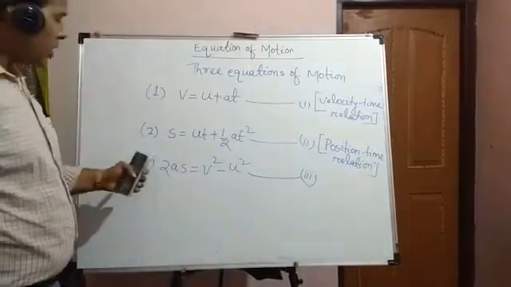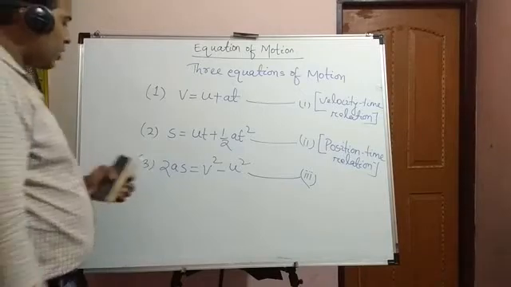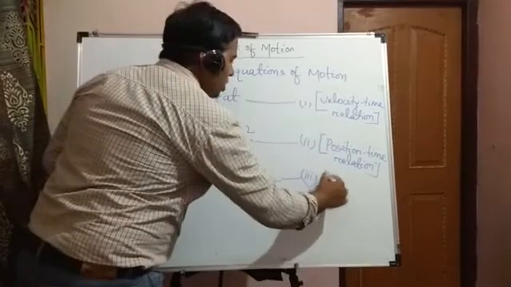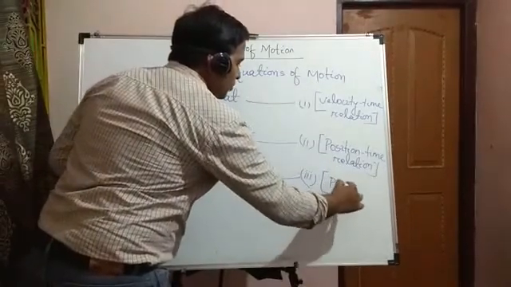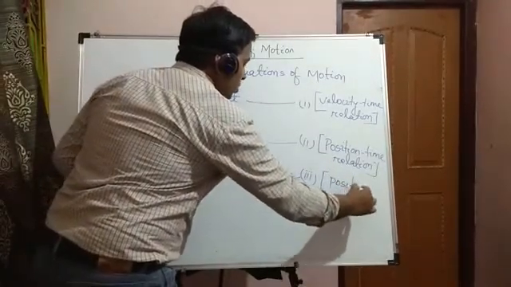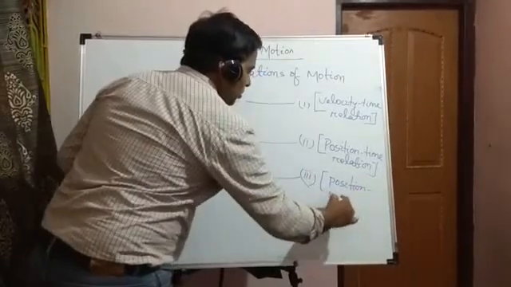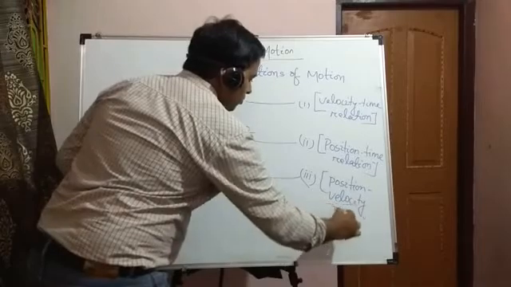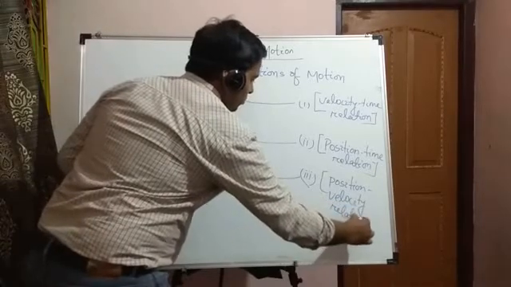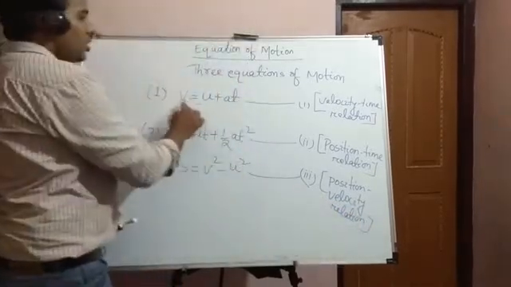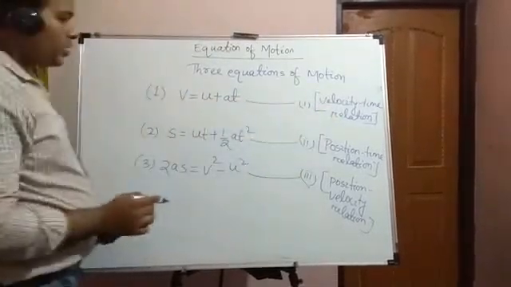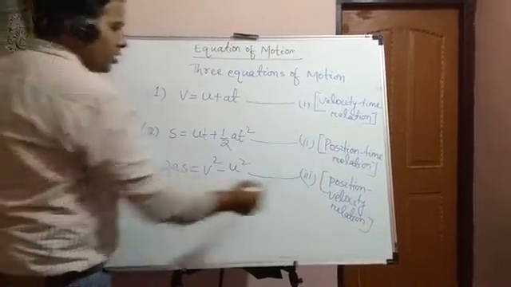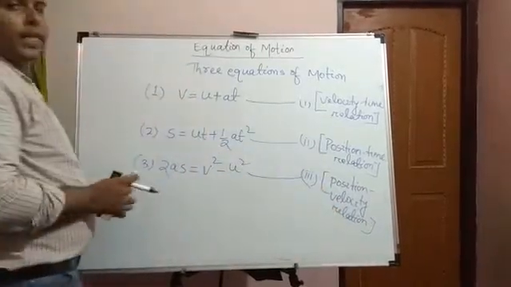And in the third equation, we establish a relationship between the distance and the velocity, so it is called the position-velocity relation. The first equation is the velocity-time relation, the second is the position-time relation, and the third is the position-velocity relation.